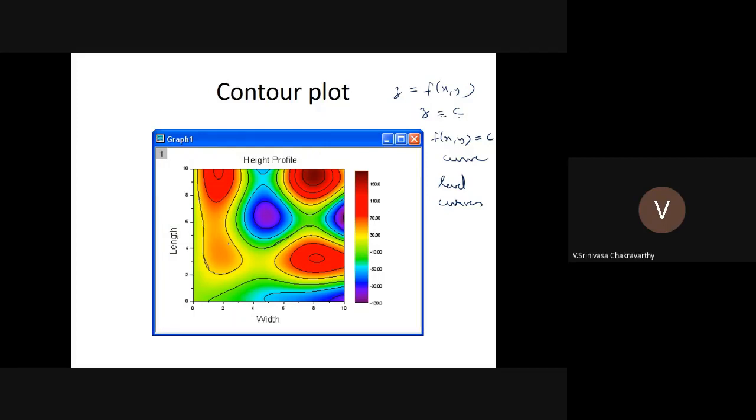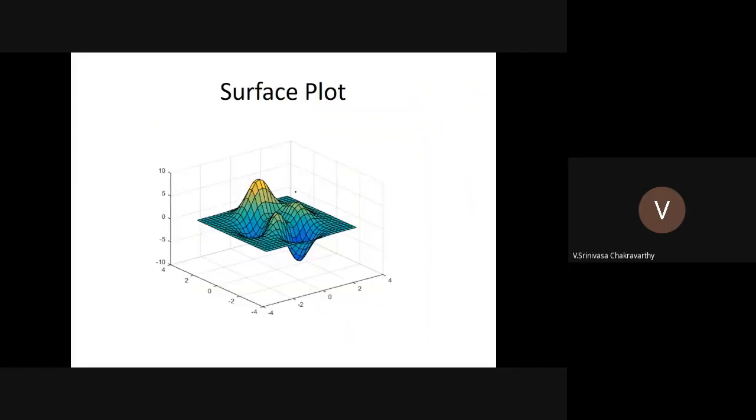Sometimes in a grayscale image, or even a color image, because there's a color mapping between intensity and color, the color bar tells you that. That may not give you a good intuition of the variations in the surface. But to give a more precise value, if you superimpose these level curves on this color map, it gives a better effect, and this is called a contour plot. The surface plot is the same thing: you display the surface as a two-dimensional surface embedded in three-dimensional space.